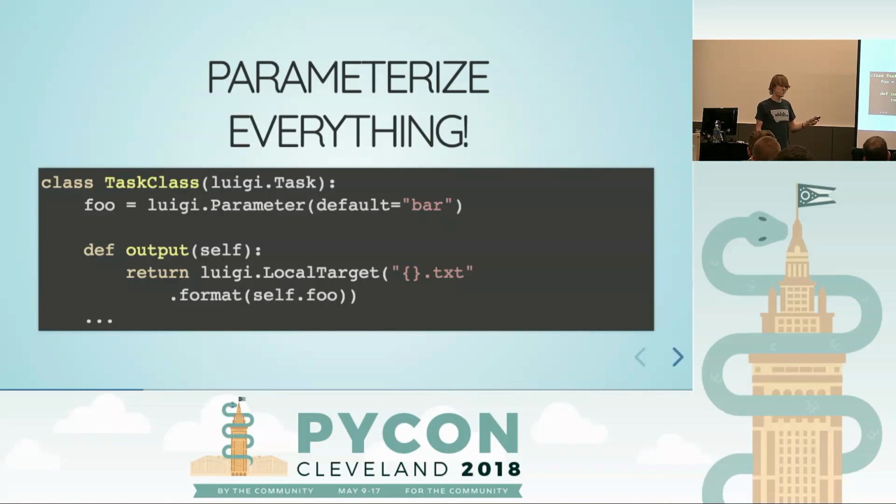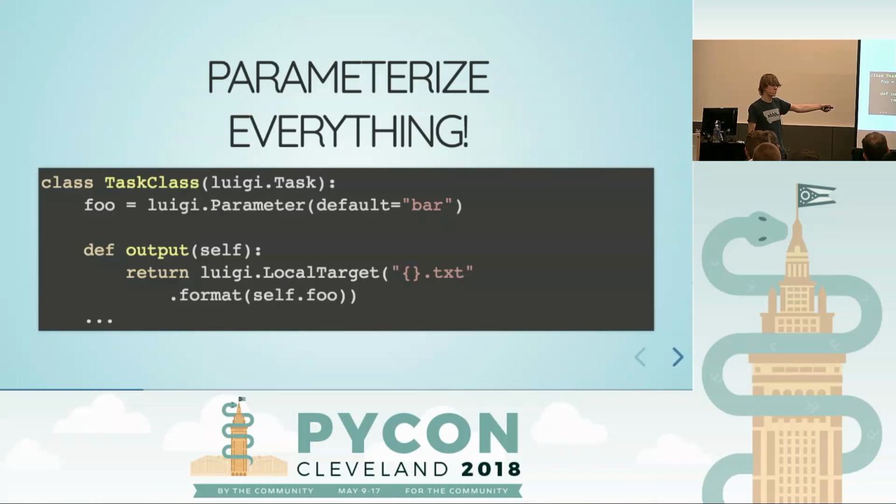The way that we specify different parameters in Luigi is we add this luigi.Parameter bit to our task. This tells Luigi that whatever our task is, it will have some sort of parameter that it can use in any of the methods that we need to define. So in this instance, we create this foo parameter.